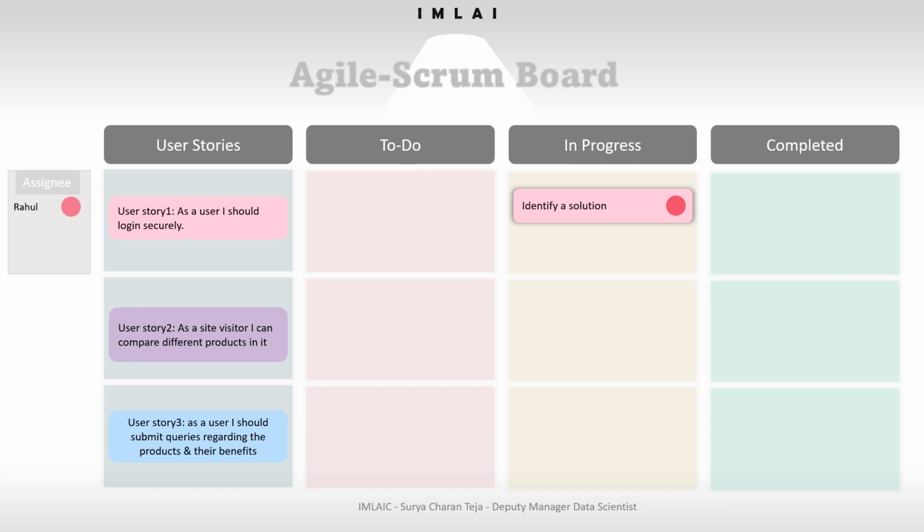The first task is identify a solution. That's his first task that he has started and is presently working on, so that's why it is in the box of in progress, and it belongs to user story 1.